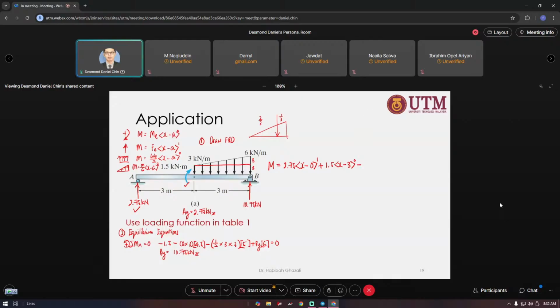We is actually the height of the rectangular loading, which is 3 divided by 2. X minus A is the location where the loading starts. Later on, I will explain to you why you have to do the offset method for distributed loading. For now, you have to remember, for distributed loading, A is the location of the starting point of the loading. So where is the location of the starting point of the loading?